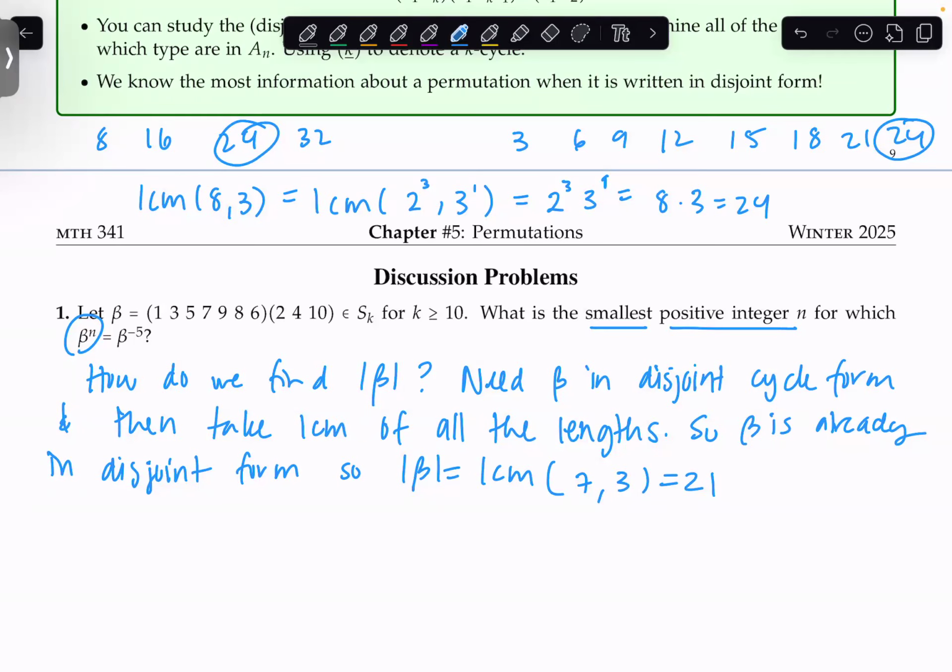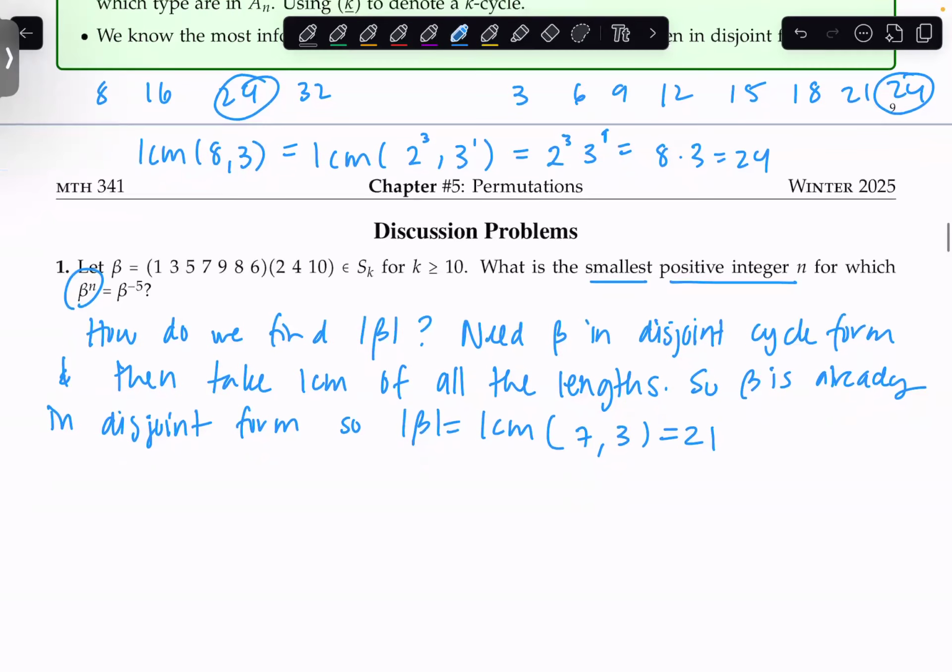Okay, so let's try to decide what information does this give me. I know that b to the 21st is the smallest power that gives me back my identity. So I want to decide, how can I use this information to tell me what's the smallest power that will give me back b to the -5?